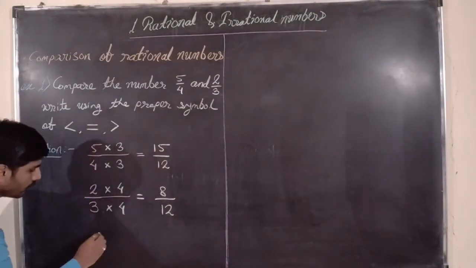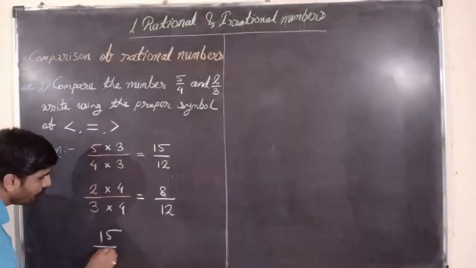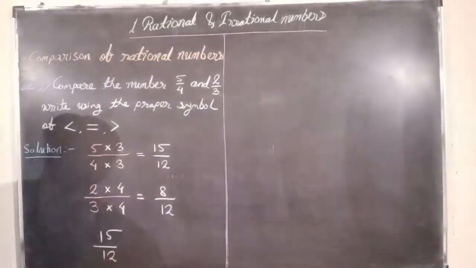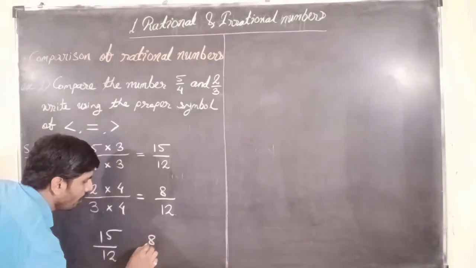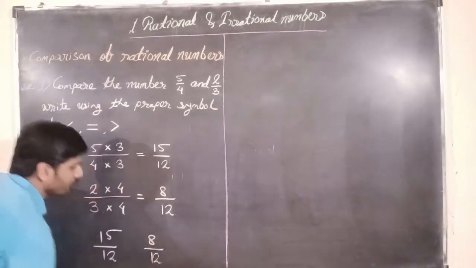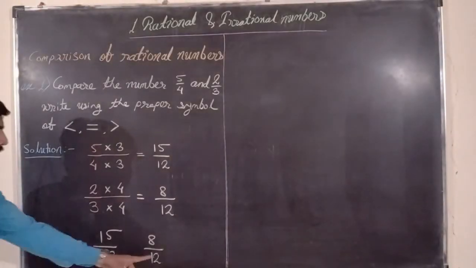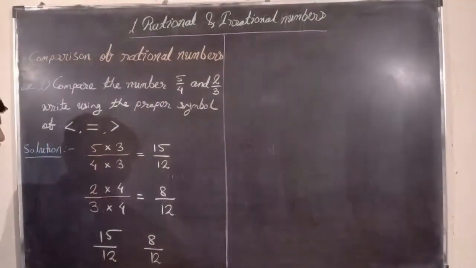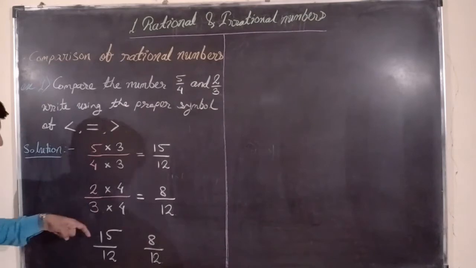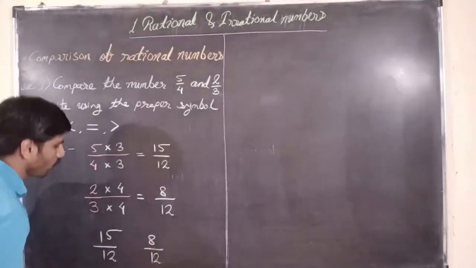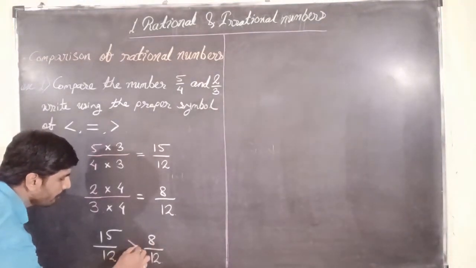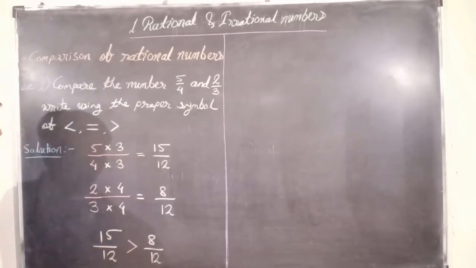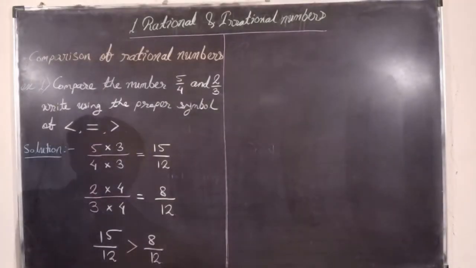The first number is 15 upon 12 and the other number is 8 upon 12. As the denominator is the same, now we can compare these numbers by numerator. Here 15 is greater than 8, so obviously 15 upon 12 will be greater than 8 upon 12.